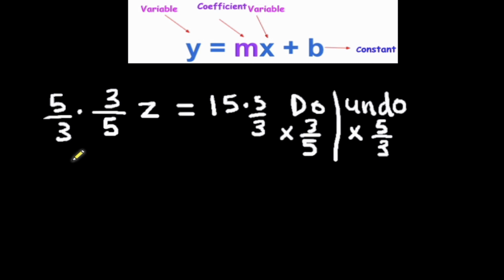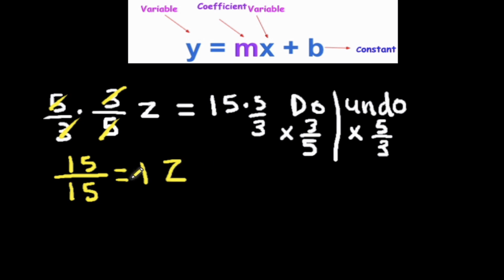So if you can see here, multiplying across the numerators, we have 15. Multiplying across the denominators is 15, and 15 divided by 15 is equal to 1, which is what we want. We want 1z, so that's taken care of. So we can just cross these out. So z, let me get rid of this here so it's not in the way.